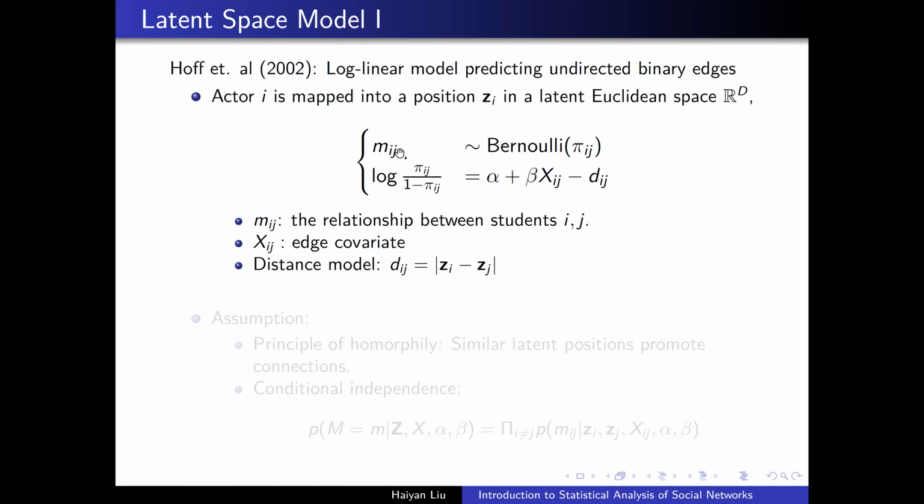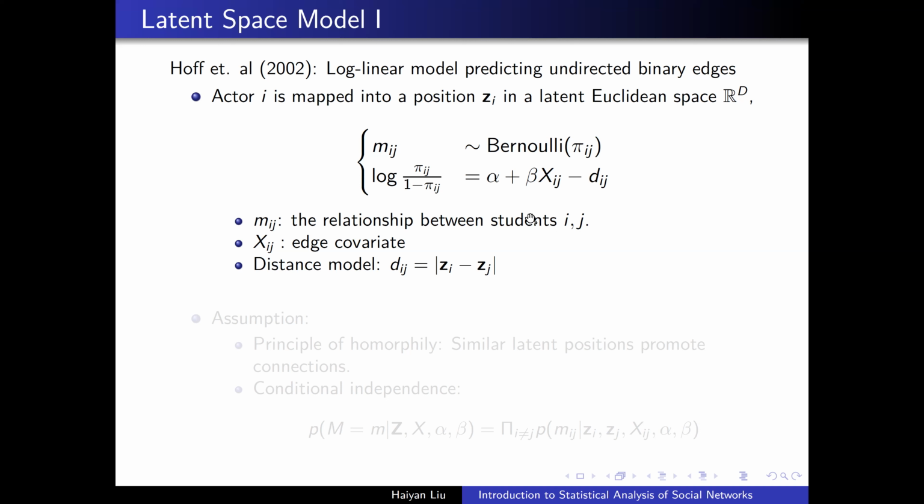Mij is the connection between actors i and j. Mij equals 1 means there is a connection present, and Mij equals 0 means the absence of a connection. So Mij follows a Bernoulli distribution with pi ij.